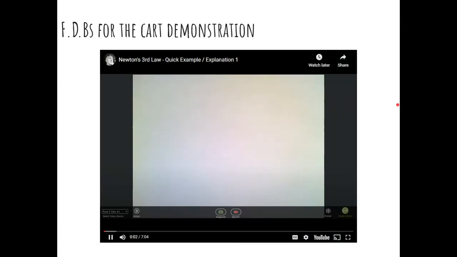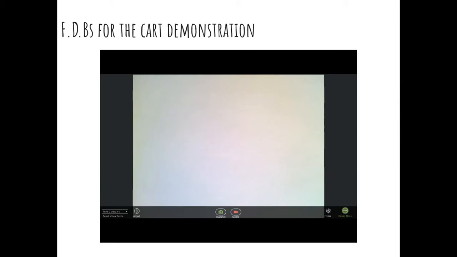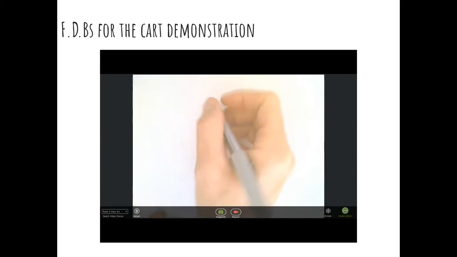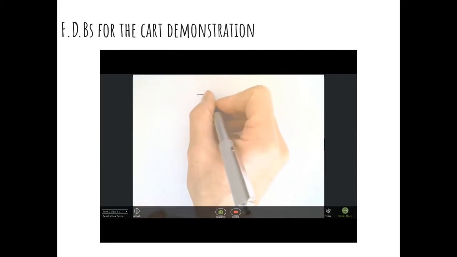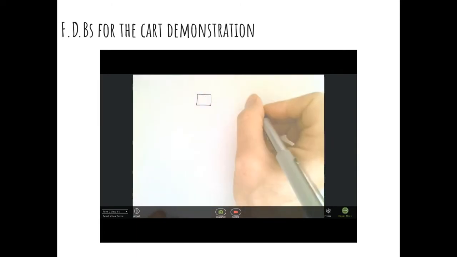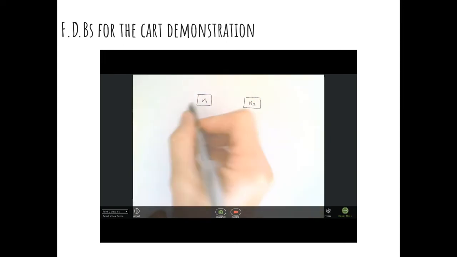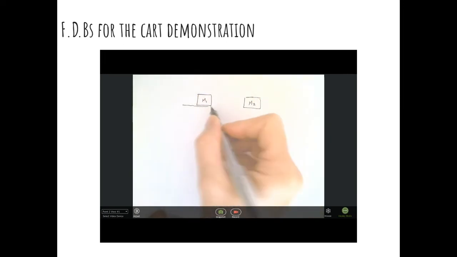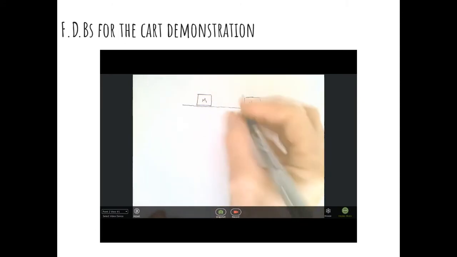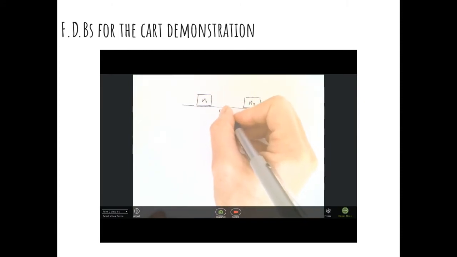Okay, so let's consider the situation where we have those two carts, or any two objects in general. First, let's say there is a block or a cart of mass 1 and a block or a cart of mass 2, and they're on a frictionless surface, and that's going to be important.